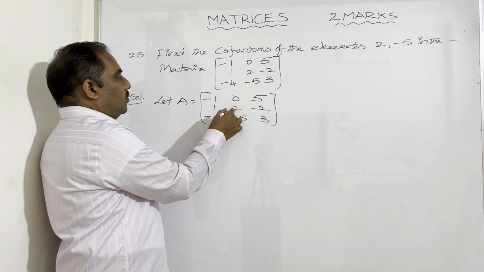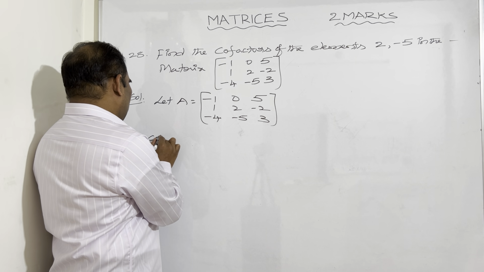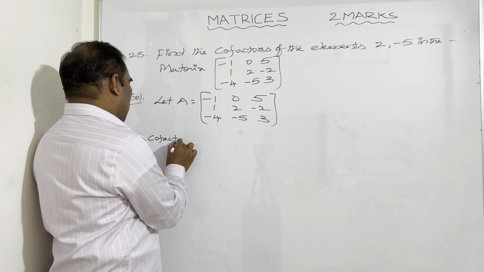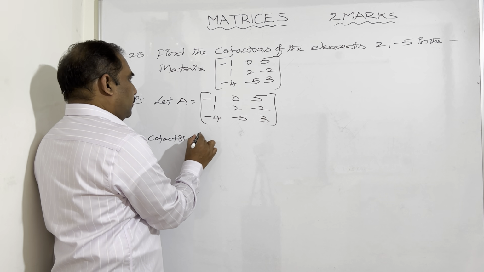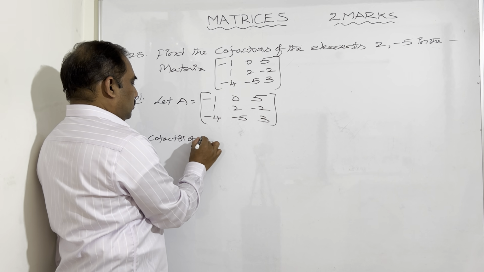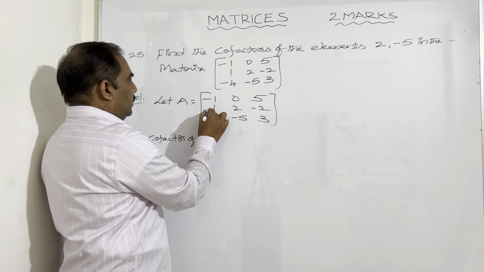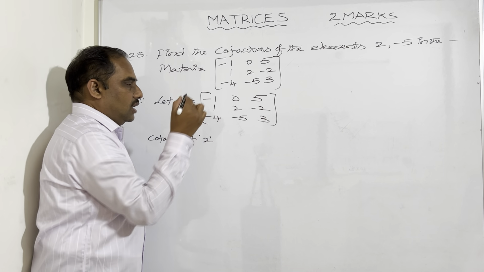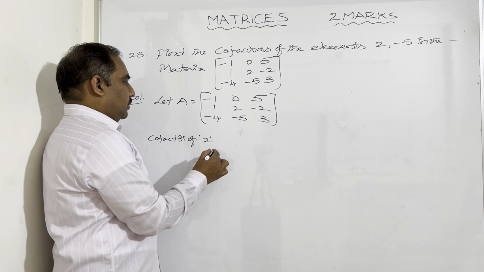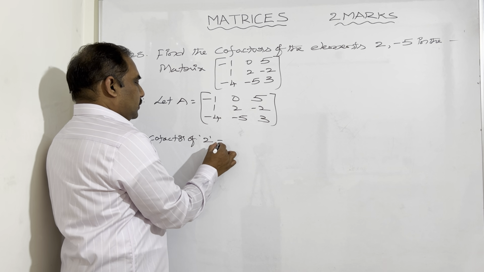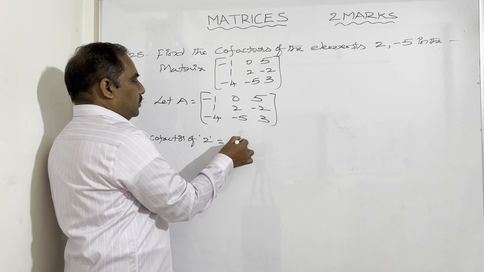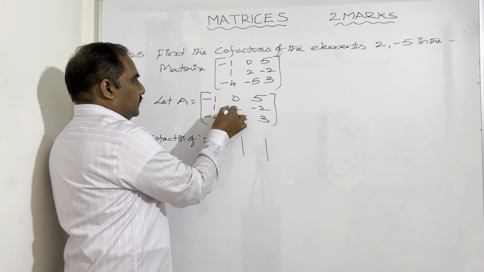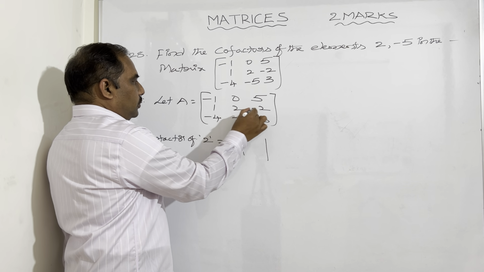Now to find the cofactor of element 2. The element 2 is present in the second row, second column. So the cofactor is equal to the determinant of, see, second row, second column you delete.